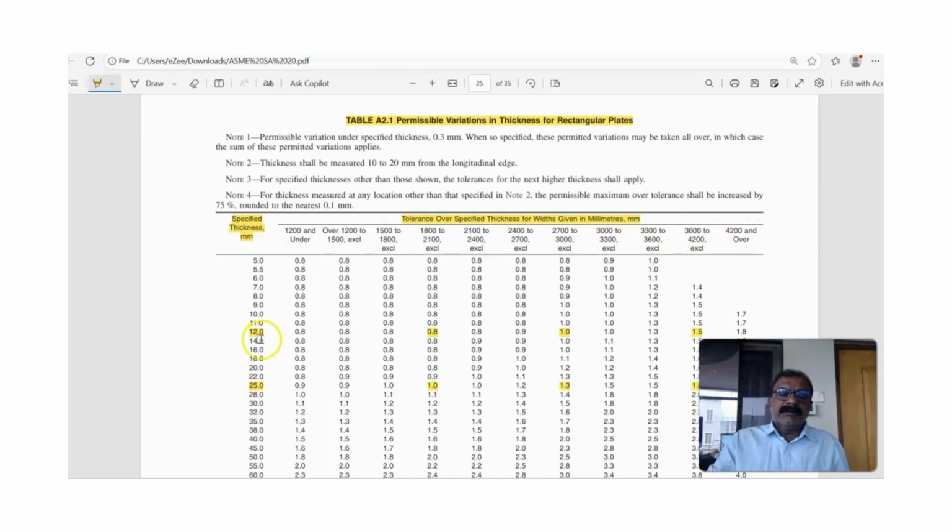For example, say a 12 millimeter plate is ordered and the width is 1800 millimeter, which is very normal. So a 0.8 millimeter tolerance is allowed. And for 2700 to 3000 millimeter, 1 millimeter is allowed.